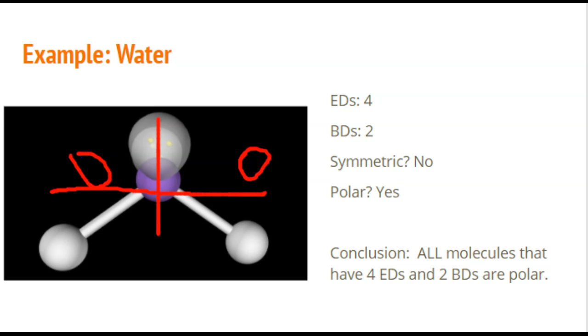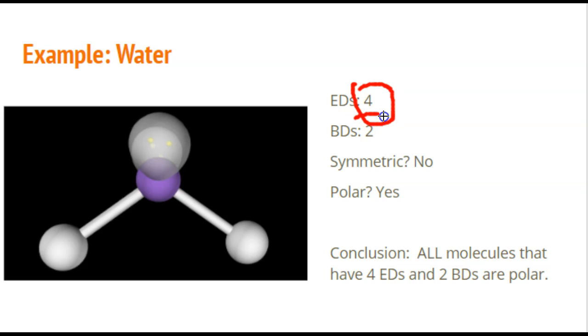This is not symmetric, so because it is not symmetric, we would call that polar. Now the conclusion that we draw is that any structure with 4 electron domains and 2 bonding domains is polar.